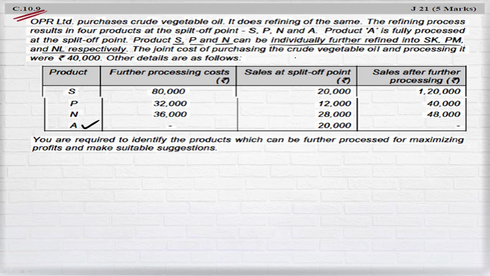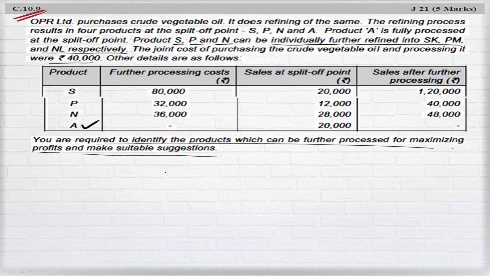The joint cost of purchasing the crude vegetable oil and processing it was rupees 40,000. Other details are as follows. You are required to identify the products which can be further processed for maximizing profits and make suitable suggestions. All right.